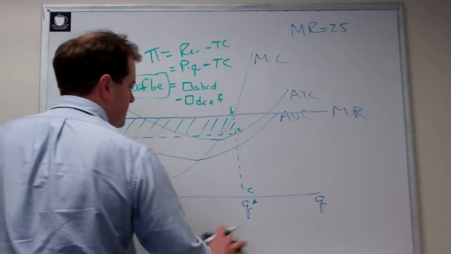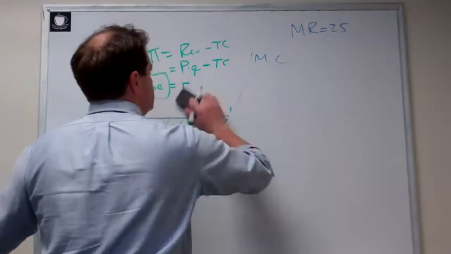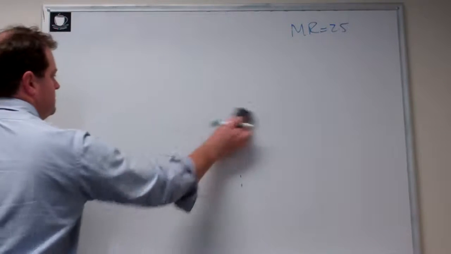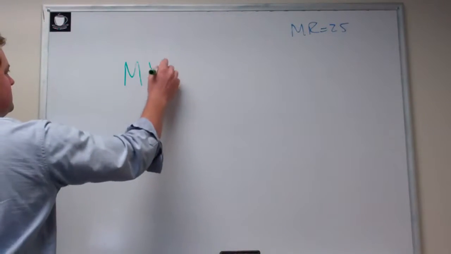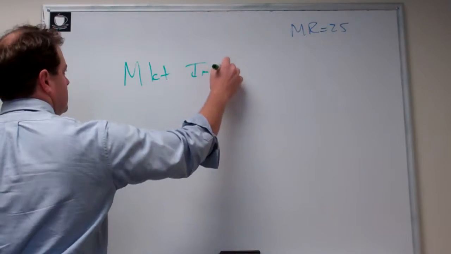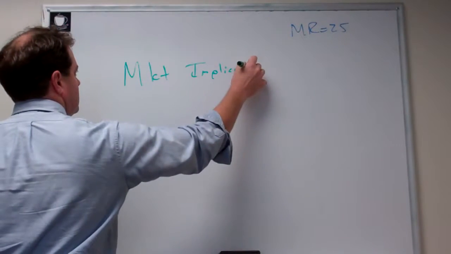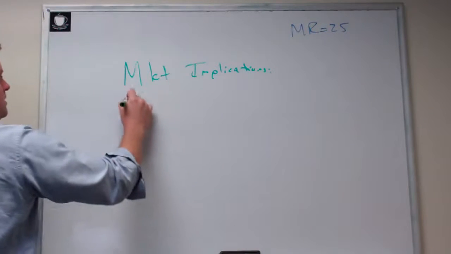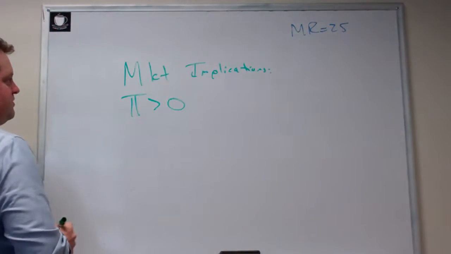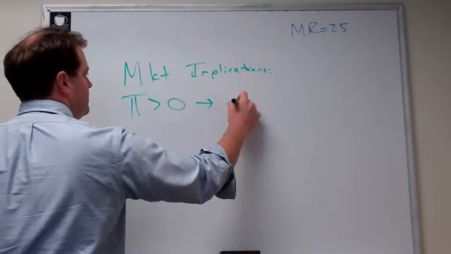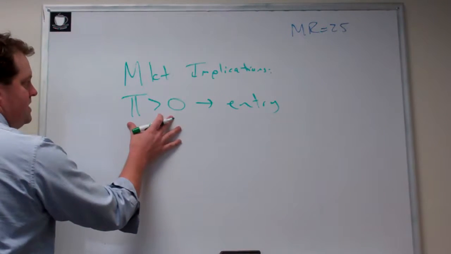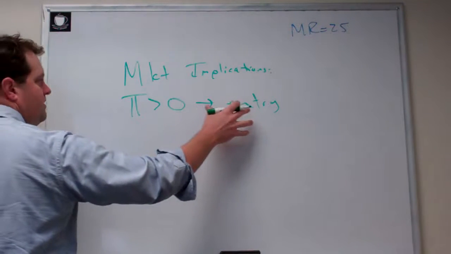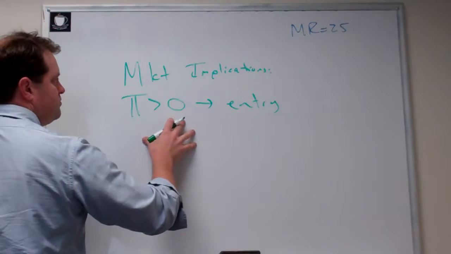Now what this is going to mean for the firm in the future, what this is going to mean for the market in the future: profit's greater than 0, so we're going to expect some entry to occur in this market. People are going to see economic profits greater than 0, and they're going to want to try to compete away some of those profits.